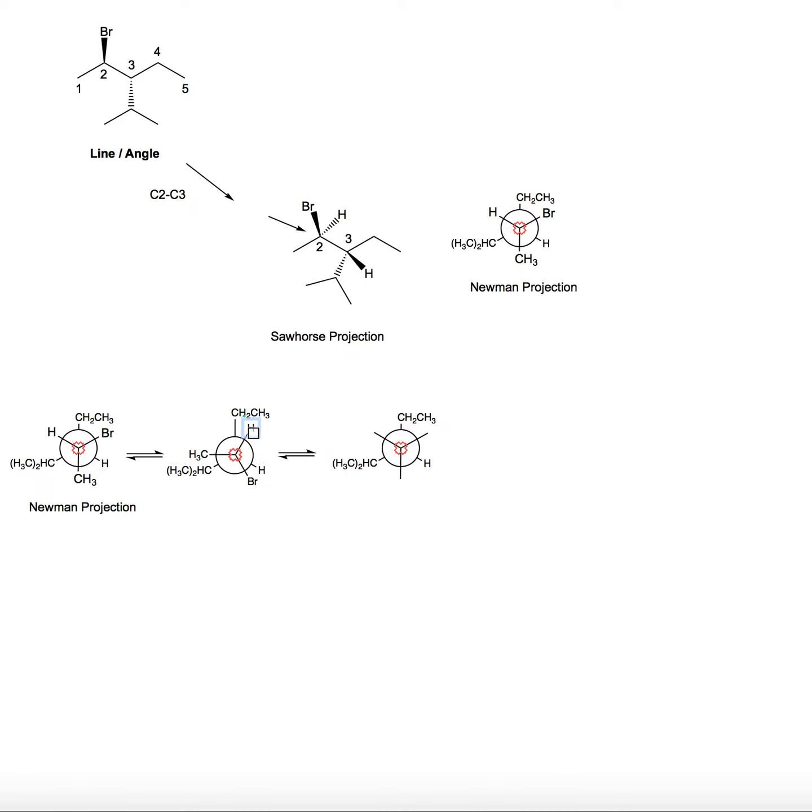Now hydrogen will be coming here in eclipse, bromine will be coming here, and methyl will be coming here. So that would be 60 degrees to the right. I'm going to write it over here just in case you want to follow. So we are rotating the front carbon 60 degrees.